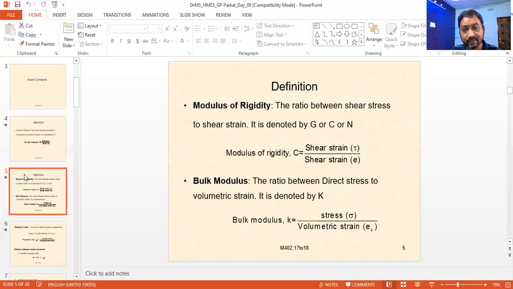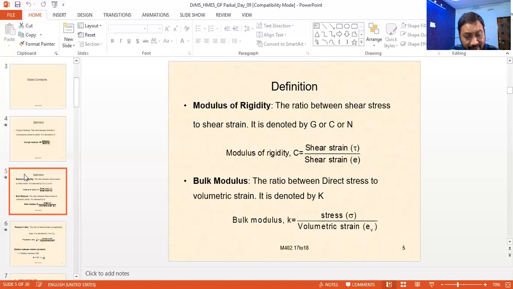However, the change in volume occurs due to the application of forces, and the ratio of the change in volume to the original volume is called the volumetric strain. We already studied that and got the equation for it, denoted with the letter EB.